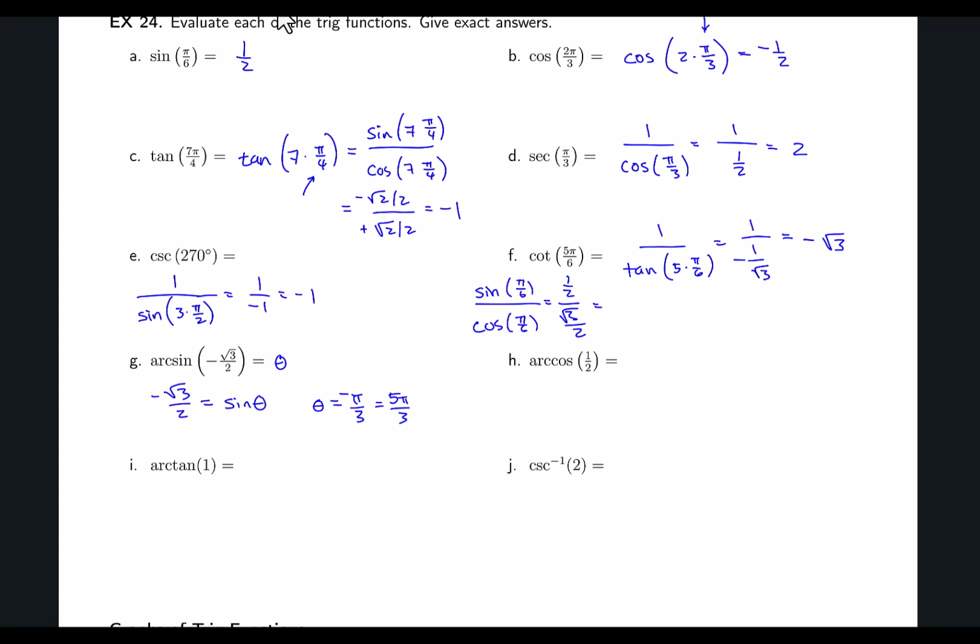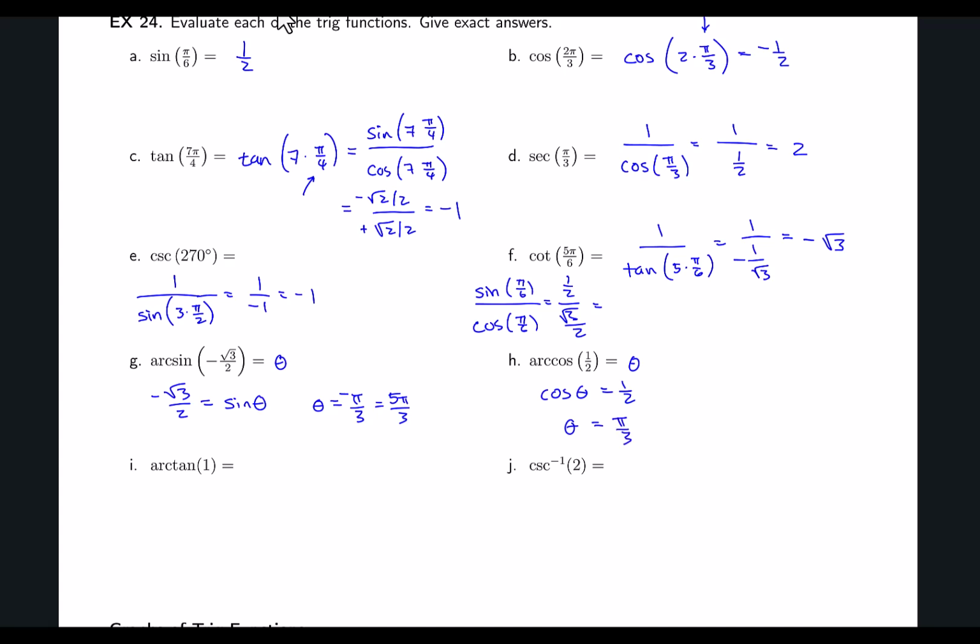All right, arc cosine of 1/2. Again, that means there's an angle measure whose ratio of sides is 1/2. So we need cosine of that angle measure to be 1/2. Well, cosine being 1/2 would happen at an angle measure of pi over 3.